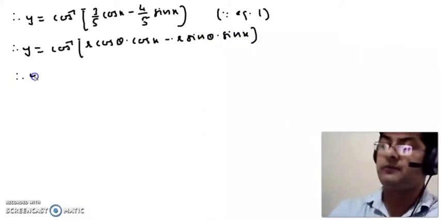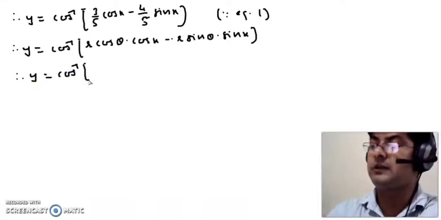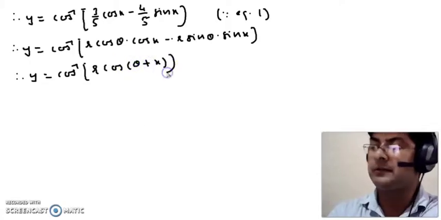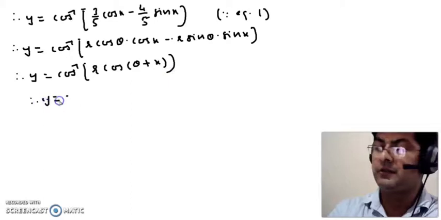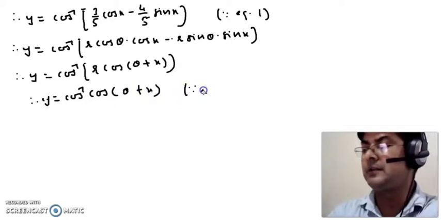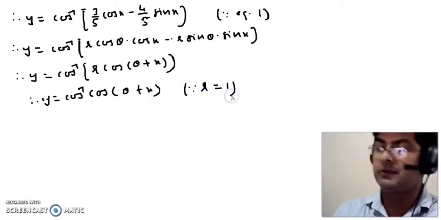And therefore y is equals to cos inverse, if you take r common, and we have formula cos theta cos x minus sin theta sin x. So it is a formula of cos theta plus x. Now value of r is 1. So cos inverse of cos theta plus x we can write, since value of r is 1.